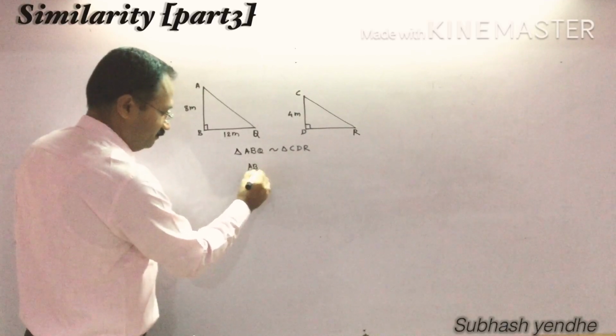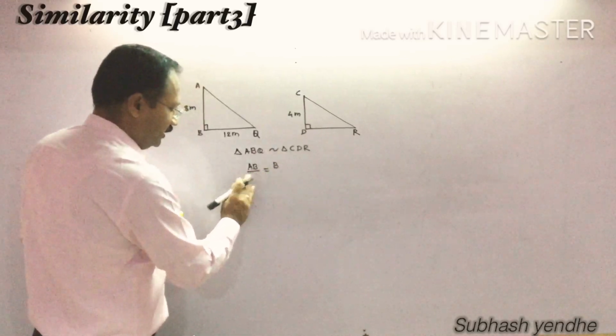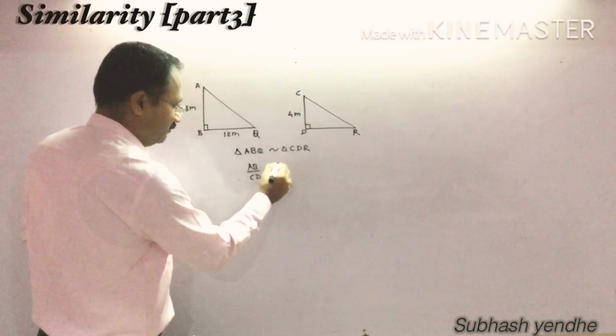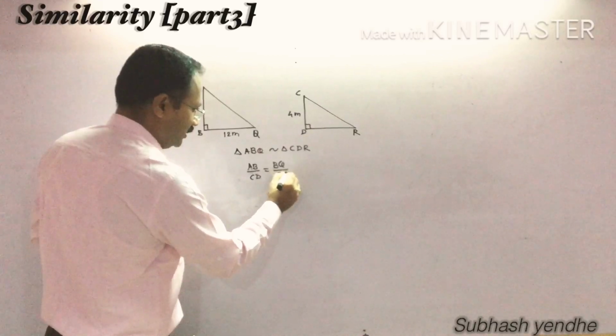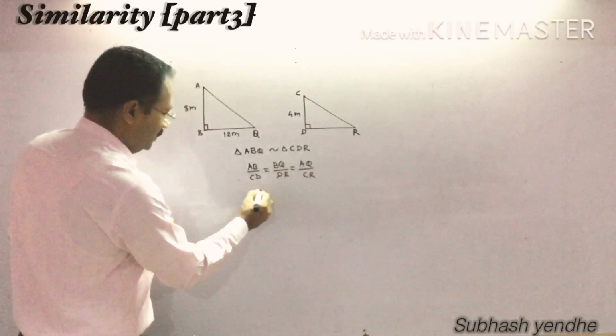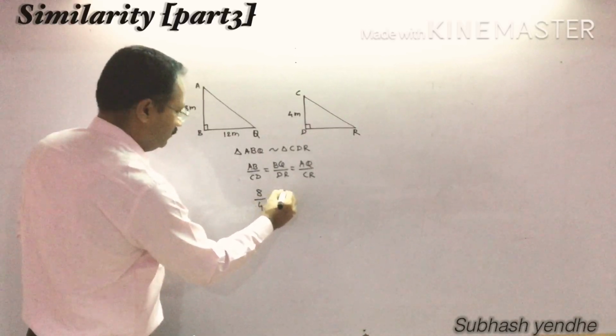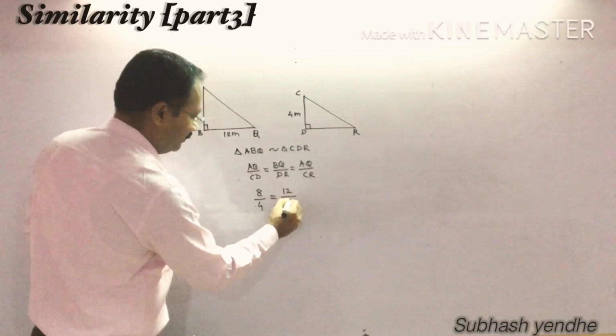So AB upon CD equals BQ upon DR equal to AQ upon CR. Now substitute the value. AB is given 8, CD is given 4, BQ is given 12 and DR we have to find out.